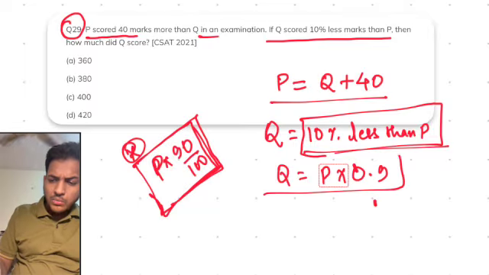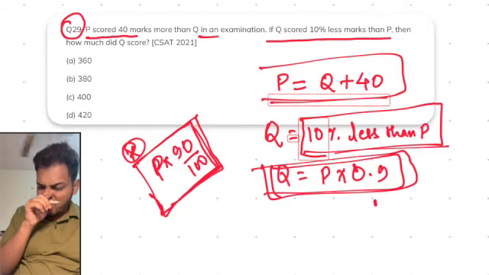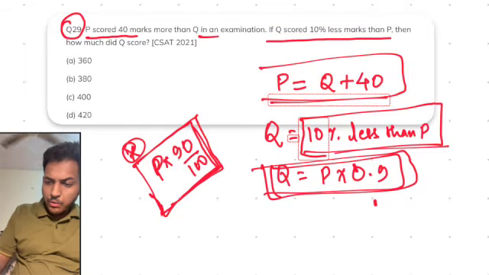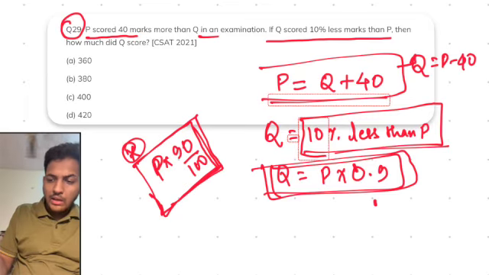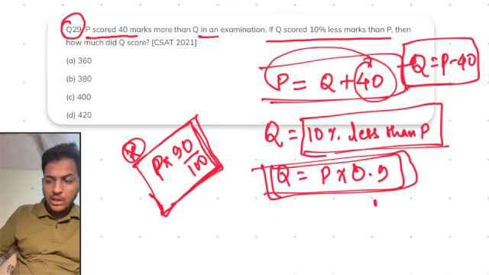Now this is one equation, this is another equation. Kindly put this there. You can directly write from this equation that Q is equal to P minus 40. I will take this 40 this side, so Q is equal to P minus 40. Now Q is this one and Q is also this one.